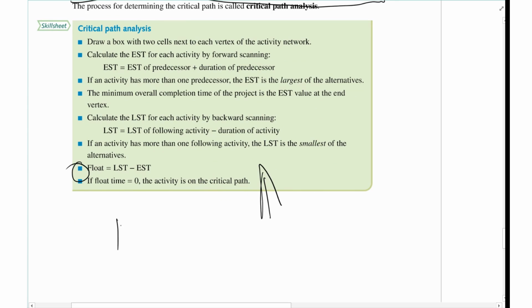So remember, EST, let's actually draw it in there. I'm going to go EST, and then I'm going to go LST. So it's this value, subtract that value. Okay, and if that gives you a 0, it's part of the critical path.